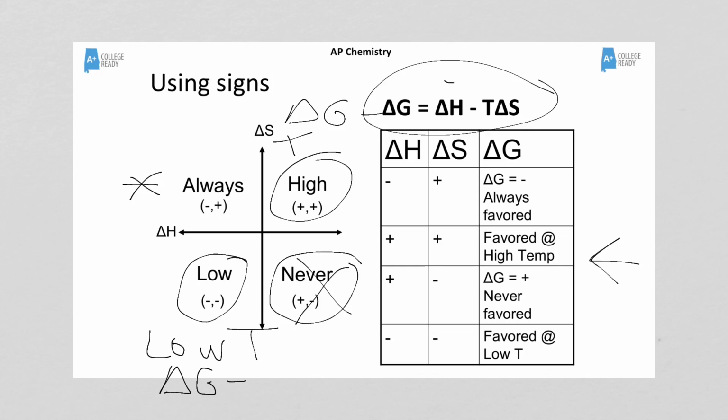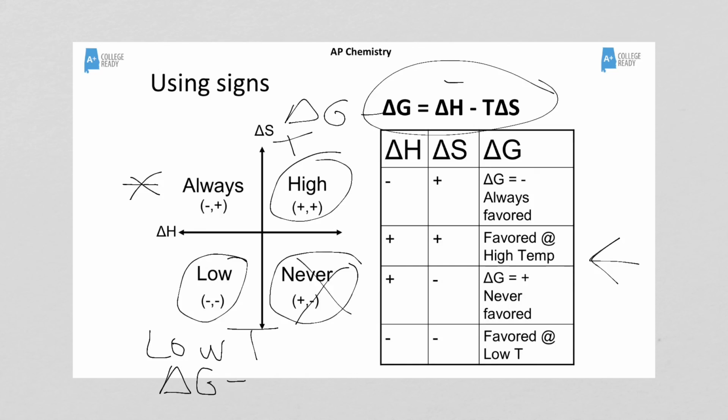If delta H is negative, again, we're subtracting, but we're multiplying temperature times delta S. And when we use temperature, in most formulas we have to have Kelvin. So this temperature can only be a positive value since all Kelvin temperatures are positive.